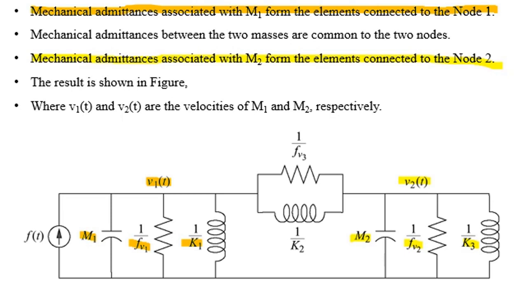The components common between m1 and m2, which include a spring with coefficient k2 and a viscous damper with coefficient rho v3, will both be parallel to each other and common between the two nodes. And with this, we make the parallel analog electrical network for the given translational mechanical system whose degree of freedom is 2.